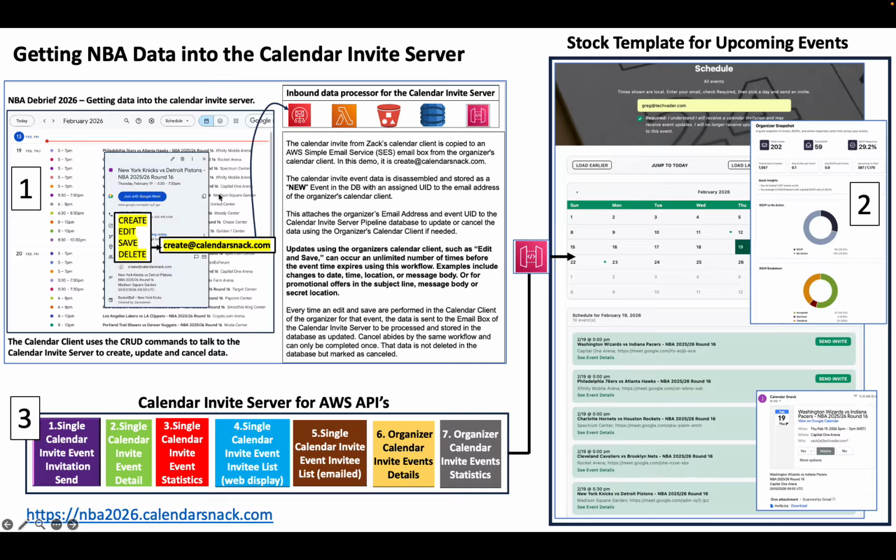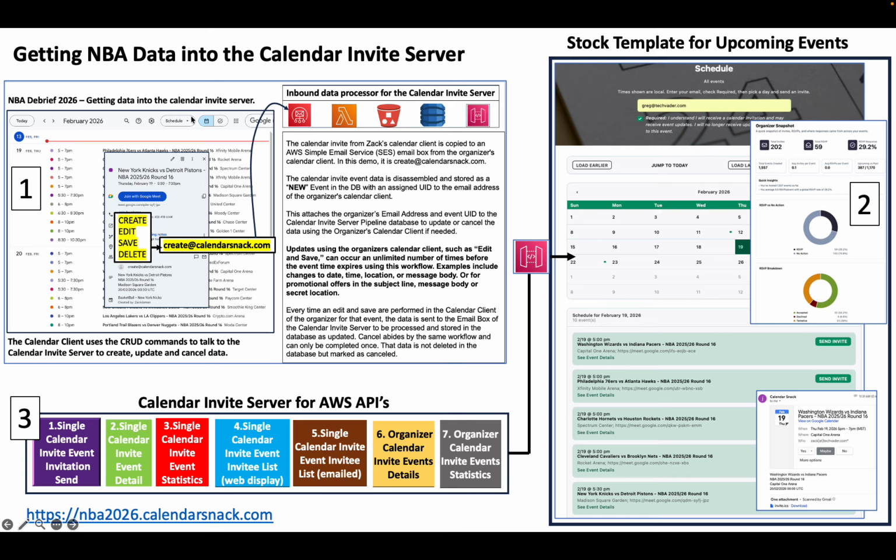What I've done is forward these individual events to the inbound processor, and it quickly eats that data and visualizes this stack over to the right. It's a stock template for upcoming events, so it's essentially a mirror. This mirror is coming off my personal calendar client, sending data to this SES box.